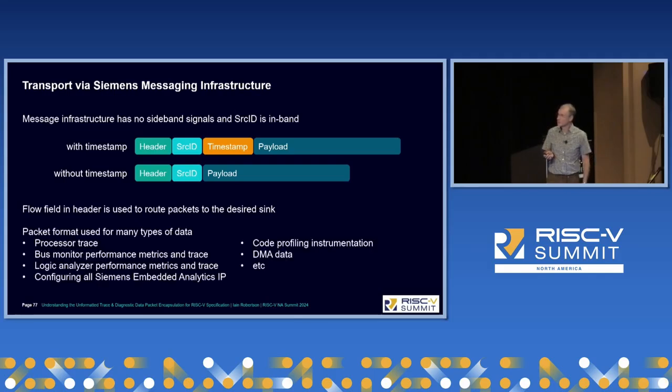This encapsulation format is used for many types of trace: processor trace, bus monitor performance metrics and trace, logic analyzer information, code profiling, instrumentation, DMA data, and so on. There are many sorts. It's also used for configuring the IP. So we actually use this infrastructure in both directions, as well as getting trace data out. Configuration data goes in over the same network, and so we use the same basic formats for that.